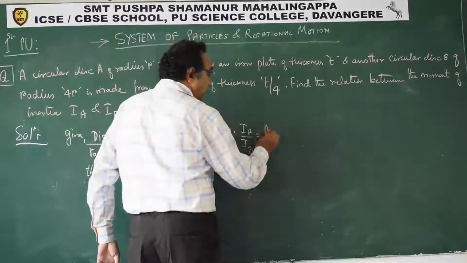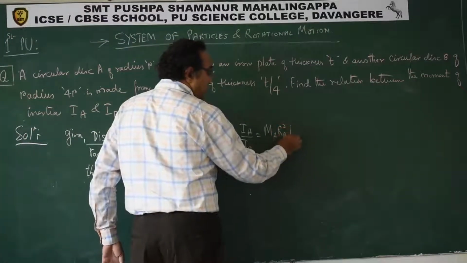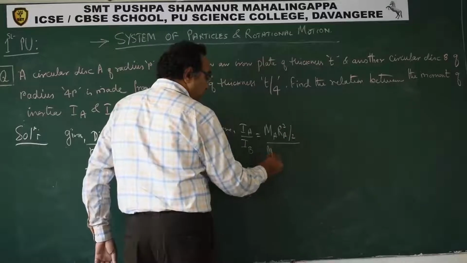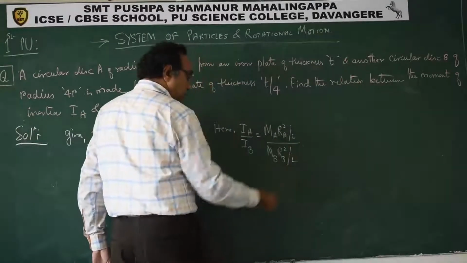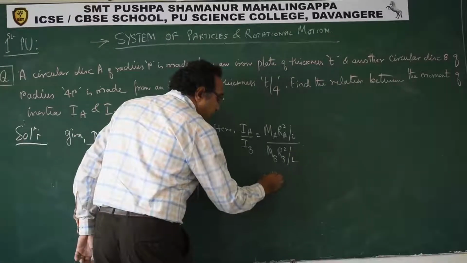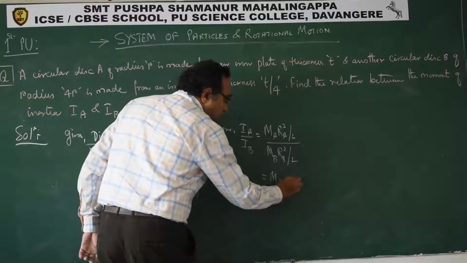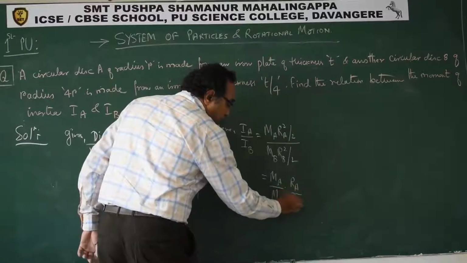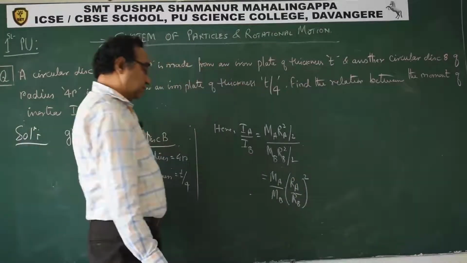So I will write it as MA RA square by 2 over MB RB square by 2. So what we get is MA by MB into RA by RB whole square. This is what we are getting.